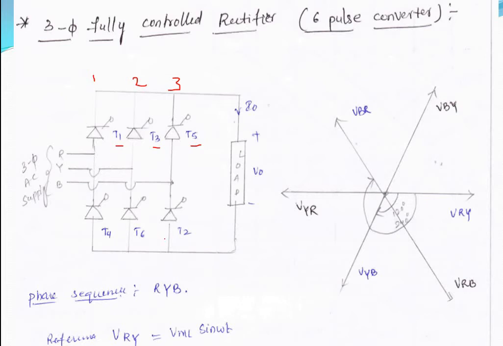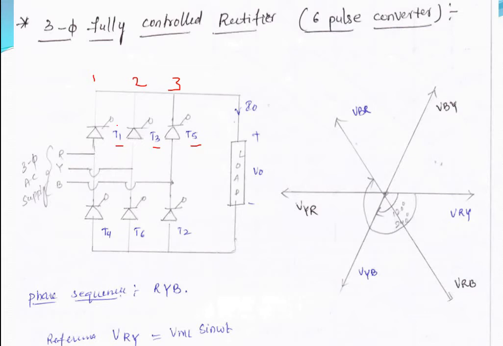That is the procedure involved here. Each device should be triggered at a desired firing angle alpha, and each thyristor conducts for 120 degrees. There are a total of 6 thyristors, 3 from the upper group and 3 from the lower group. So if you want to conduct thyristor T1, it conducts for 120 degrees.